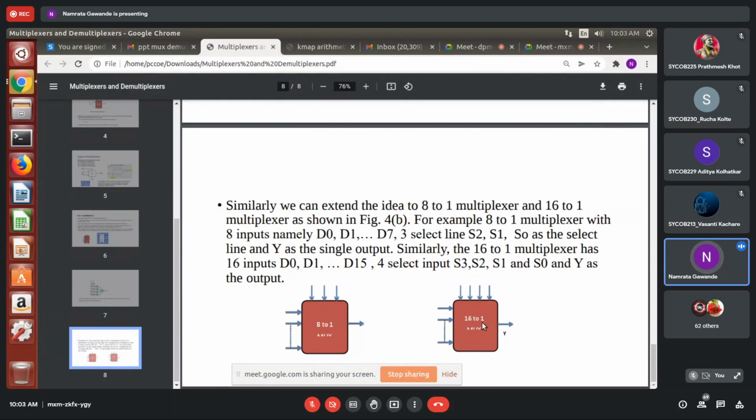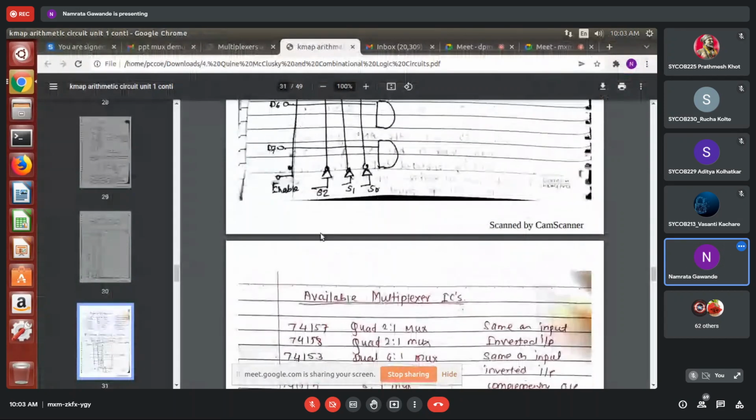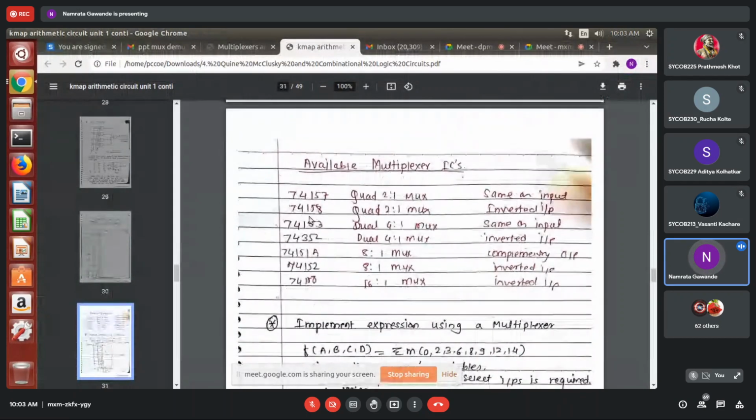Similarly, for 16:1, 2 raised to power 4 equals 16, so 4 select lines will be required. Now we'll move towards this particular part. These are the ICs that are used. See here, available multiplexer ICs. We'll see during labs how to implement the 8:1 mux using this particular IC.